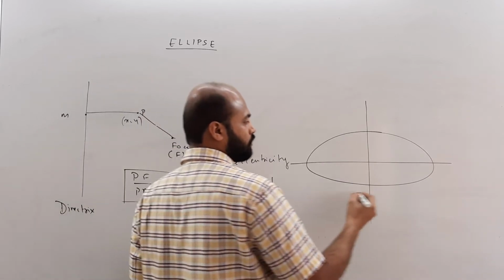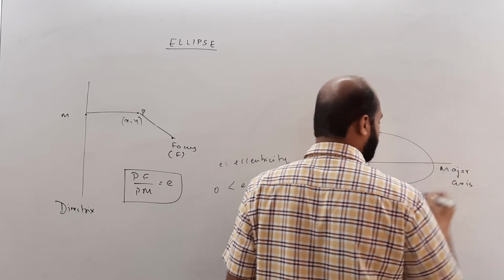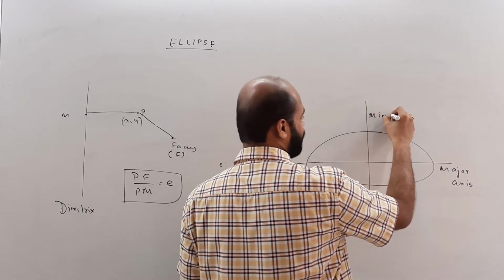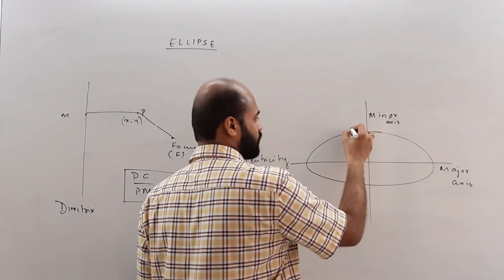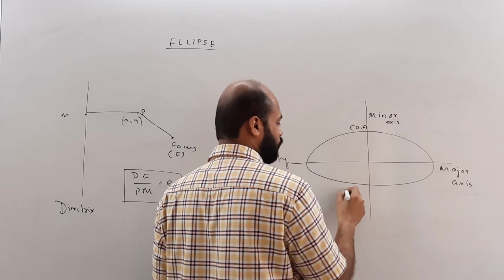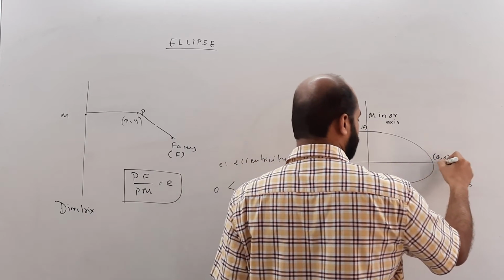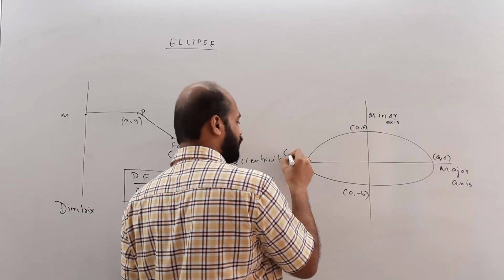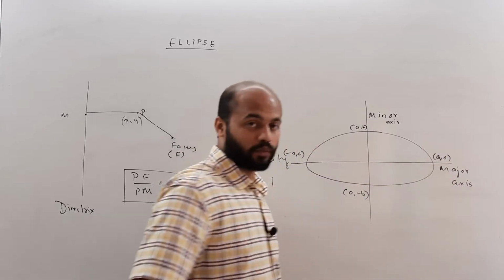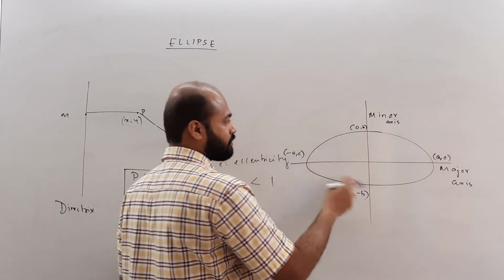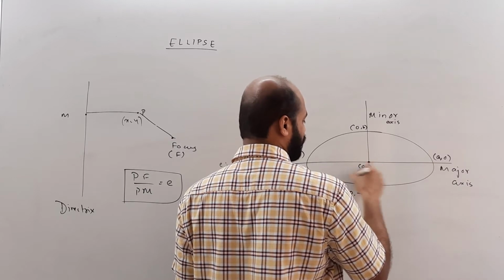This is called the major axis, and this is called the minor axis of this ellipse. This point is taken as (0, b), this point as (0, minus b), this point as (a, 0), and this point as (minus a, 0). So the length of major axis is 2a and the length of minor axis is 2b. This is the center of the ellipse, which is (0, 0) in this case.